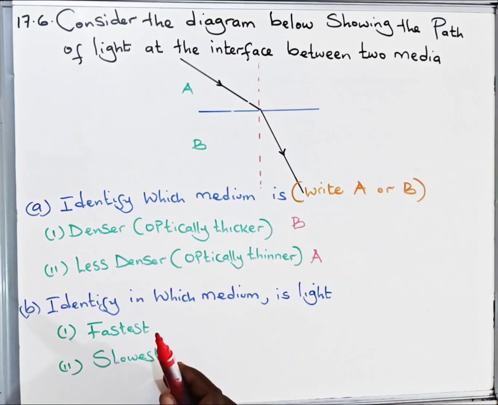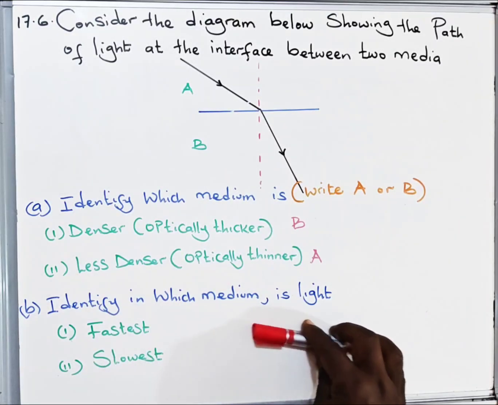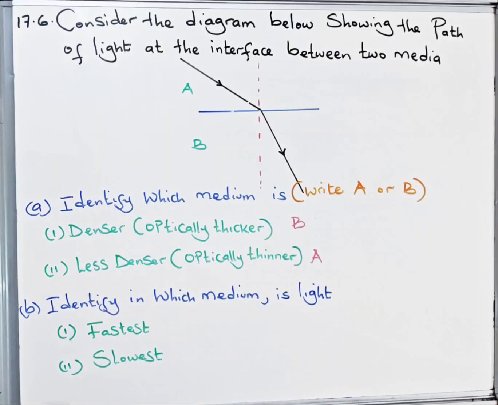Let us go to this case. It says, identify in which medium is light fastest. Here we need to know that the thicker the medium, the slower will be light. Light is fastest in a light or thin medium.